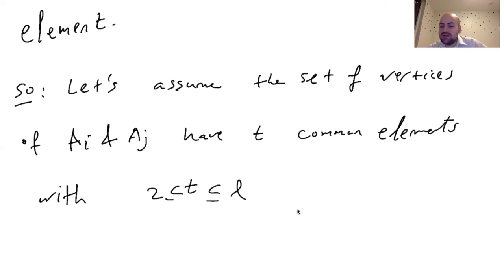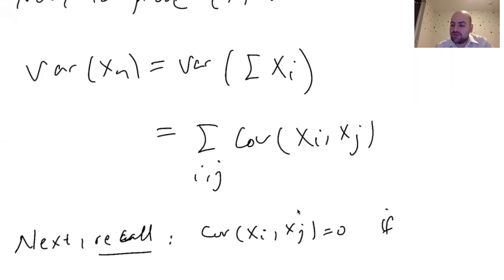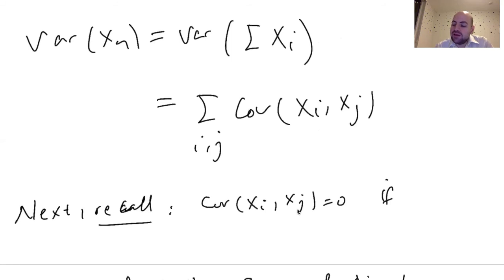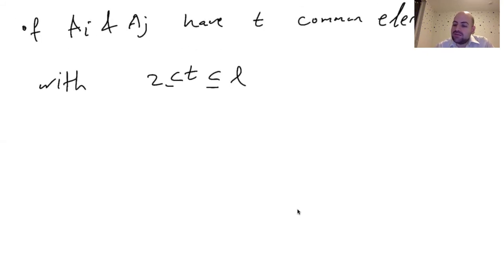Now, if I intersect two of them, there could be t common elements, and t could be any number less than or equal to L, but if it's 0 or 1, the covariance will be 0, so we would have no issue in bounding the covariance in that case. And if t is at least 2 and less than L, let's see how we can bound the covariance in this case.